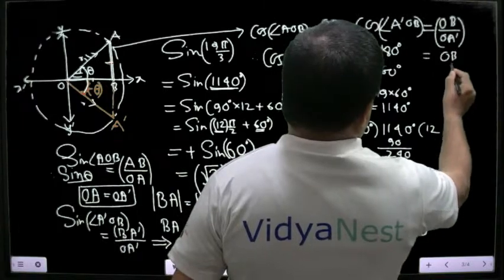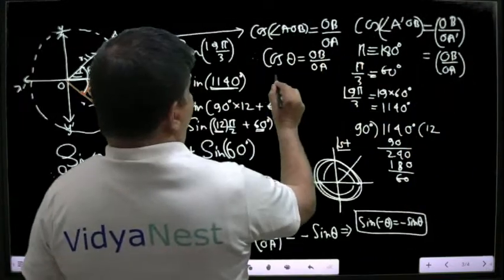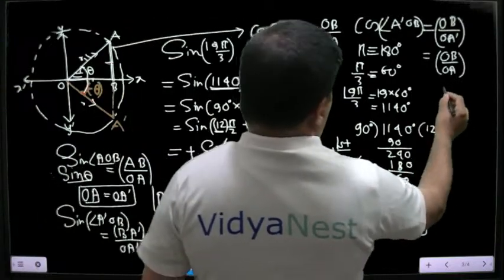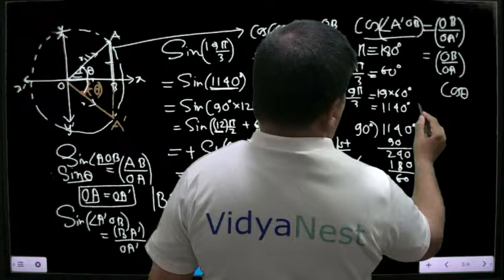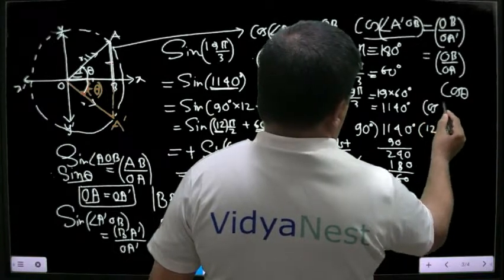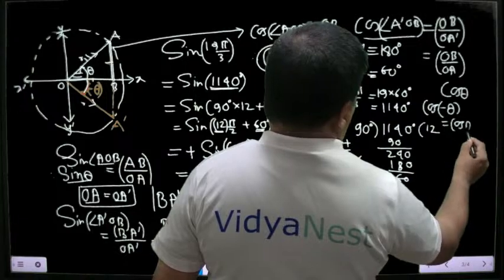So this we already got equal to cos theta. So from here we can conclude cos of minus theta is equal to cos theta.